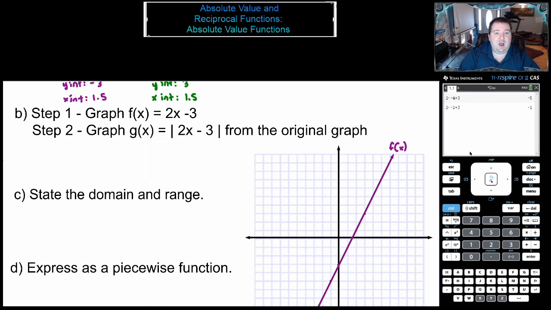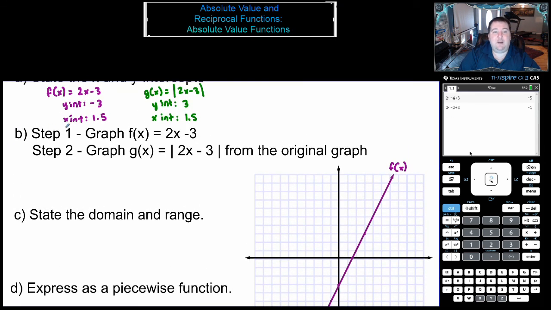Now, how do we graph our line for the absolute value of that? And you should be saying, actually, Mr. Emond, that's not that difficult. Really, the only thing that's changing here is from this point, anything that's negative is now positive.